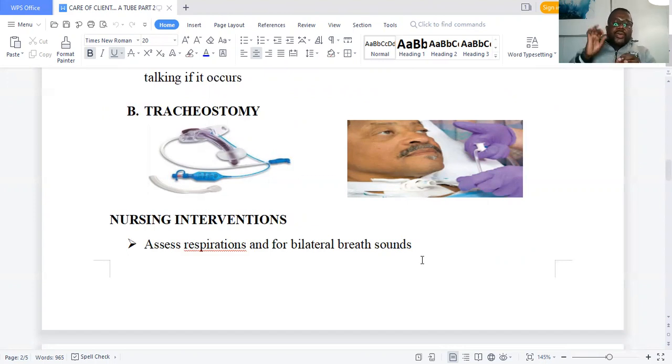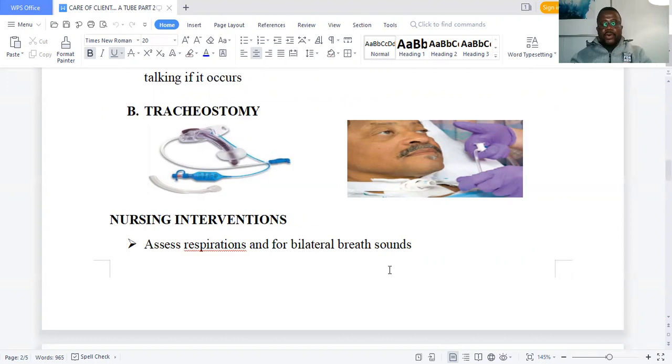So when you check respiration, you should also be able to find bilateral breath sounds, meaning you should auscultate and make sure that both lungs are ventilated.